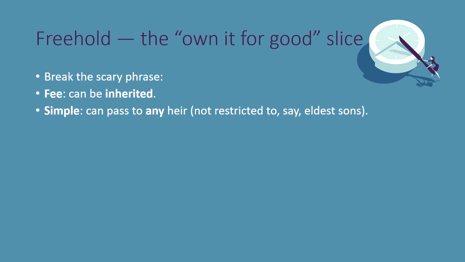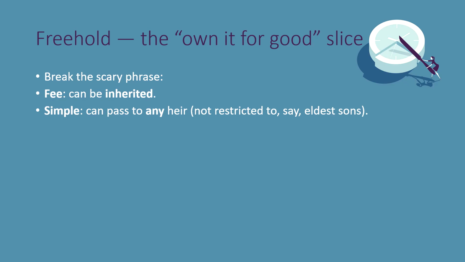The simple also relates to that. It just means that you can pass it to any kind of heir. It's not restricted the way maybe it used to be in medieval times to your eldest sons. It's not like that anymore.